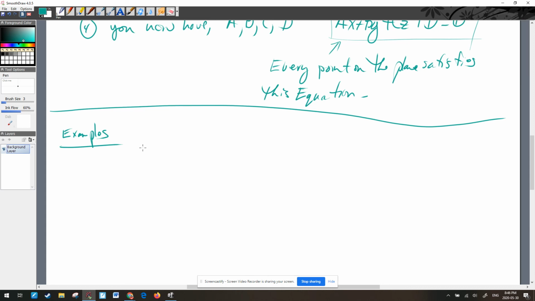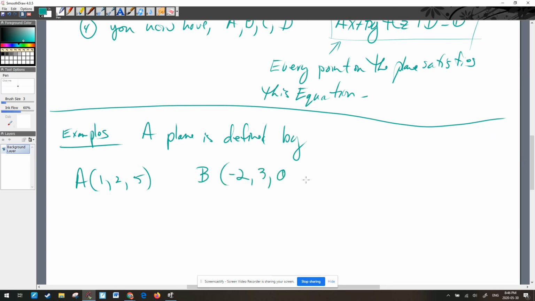So another example: a plane is defined by, how about, I'll give you 3 points. Imagine that point A is 1, 2, 5. Point B is -2, 3, 0, and point C is 4, 1, 1.